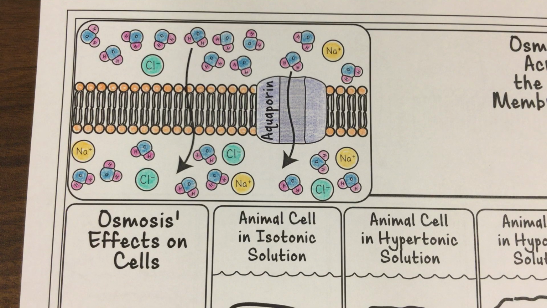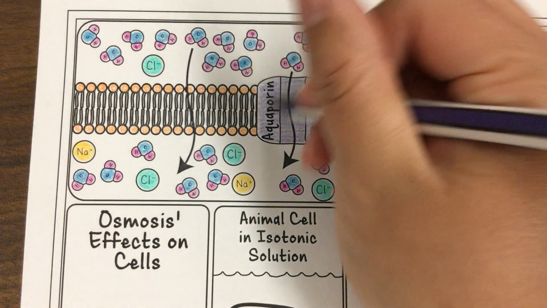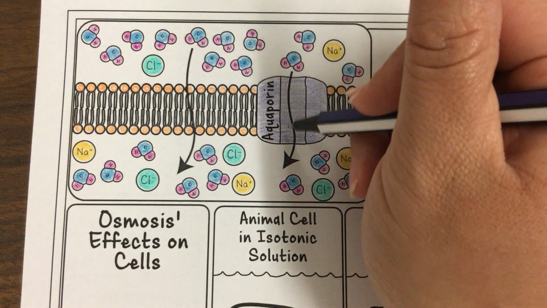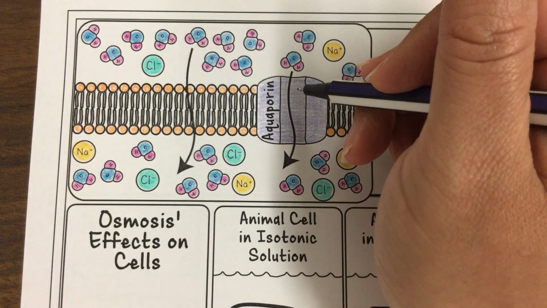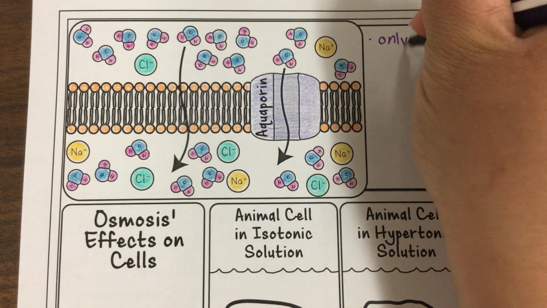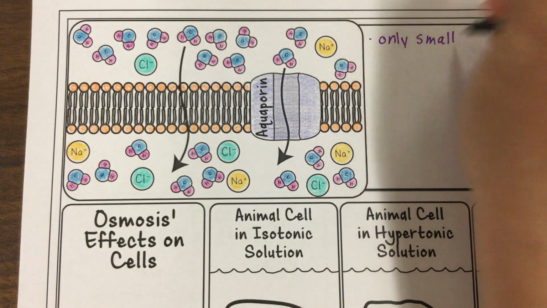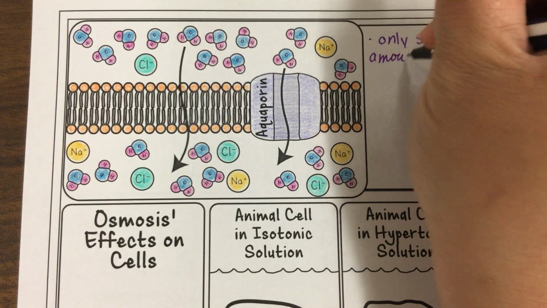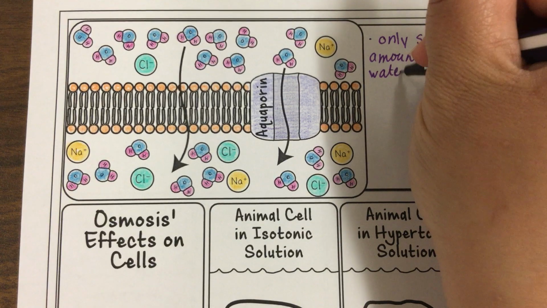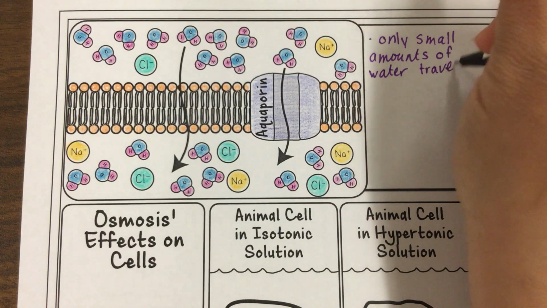And because they don't want to let all of the water in, we have these protein channels called aquaporins. Aquaporins are where most of our water is going to go through. Okay, so only small amounts of water travel through the membrane.